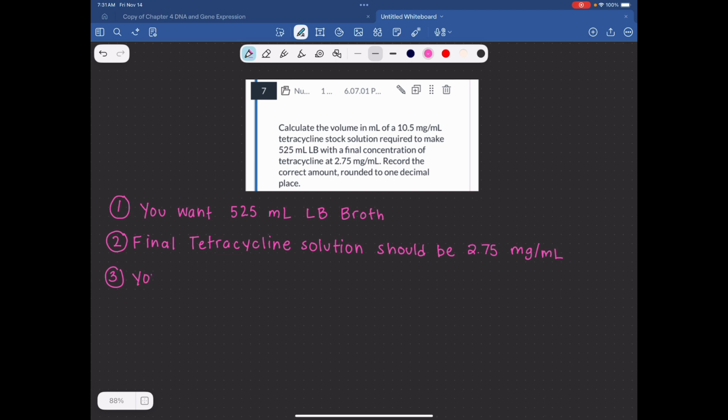Your stock solution is 10.5 milligrams per milliliter stock solution.